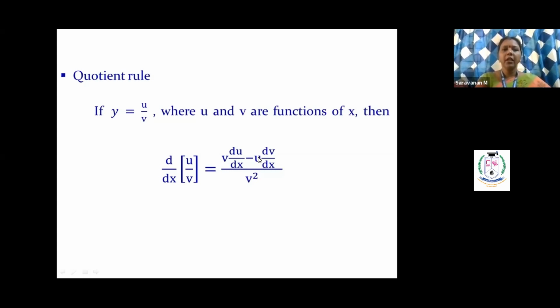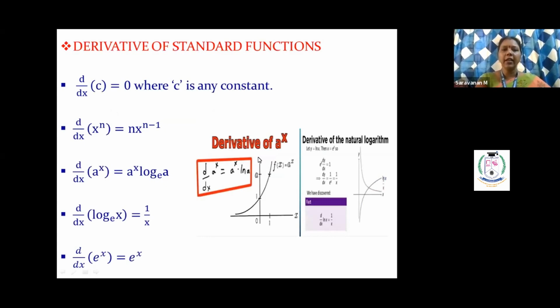Next, I have given the derivative formulas of some standard functions which you know already. I'll just give you some examples. d by dx of c is equal to 0. If we are differentiating a constant with respect to any variable, it is equal to 0. And d by dx of x power n, this is the general form I have given.